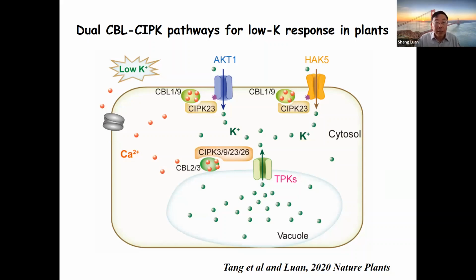Now, another pathway also involves CBL2 and 3, which target 4 CIPKs to the vacuolar membrane, where those CIPKs interact with and phosphorylate TPKs. I didn't show you the phosphorylation data, but they are phosphorylating TPKs. And that would activate TPK, enhancing the remobilization of potassium from the vacuole.